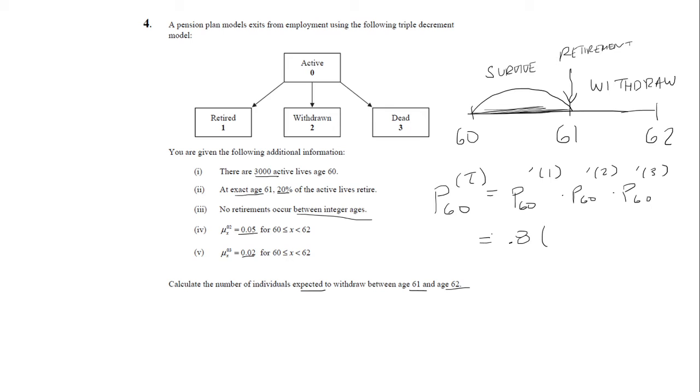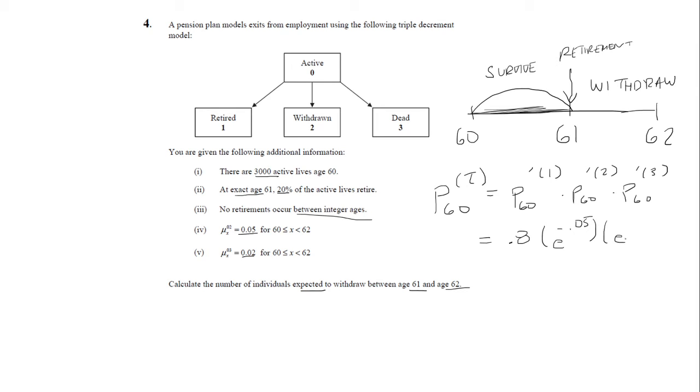Now, let's see, the independent probability we withdraw is e to the negative. We want to look at the force going from stage 0 to stage 2, which is 0.05. And that's 1 full year, so we're basically multiplying the 0.05 with 1.